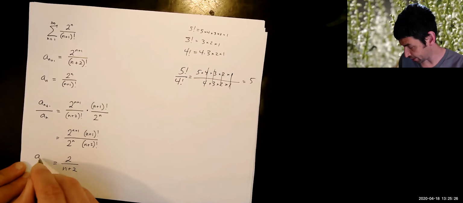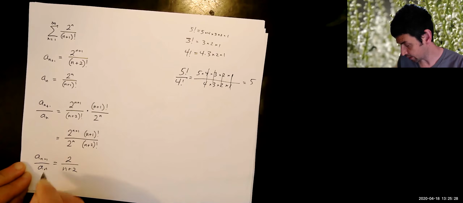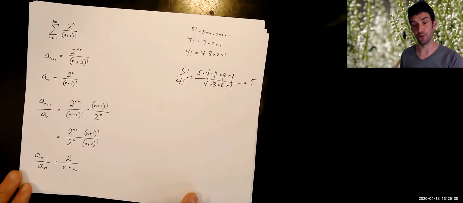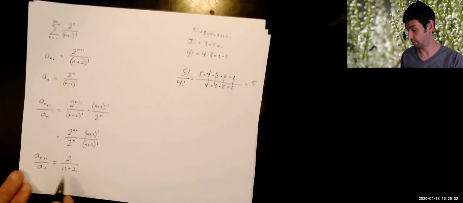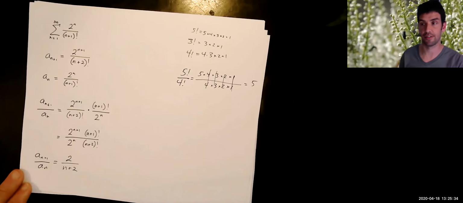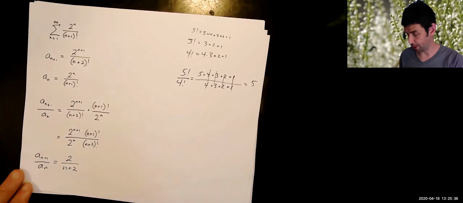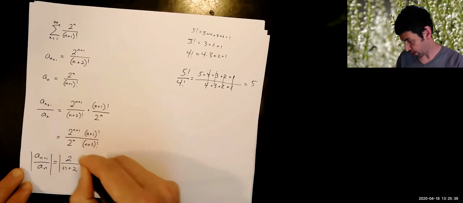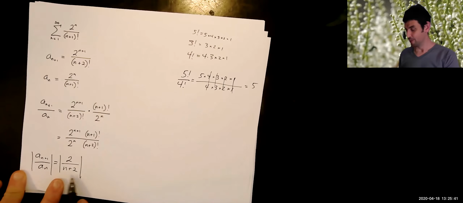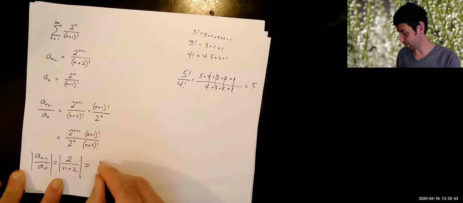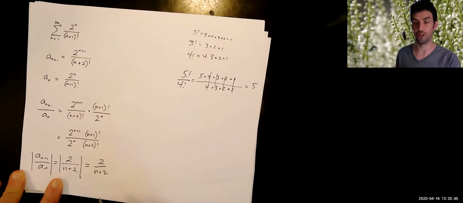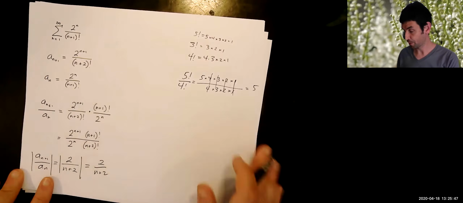But in any event, this is the ratio of the n plus 1 and the nth terms of our series. And of course, we're going to want to look at the absolute value, but in this case, everything's positive, so the absolute value is just the expression itself.